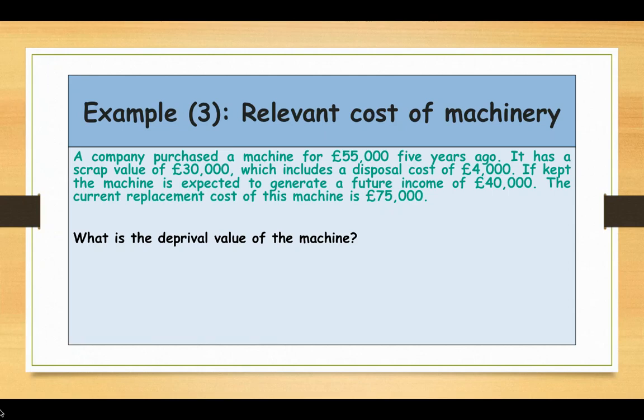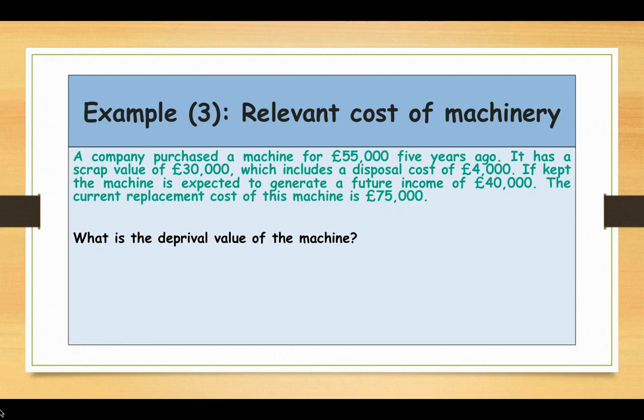Now, first we need to calculate the recoverable amount of this machine. So in order to calculate the recoverable amount, we need to compare the scrap value, in this case, it's £26,000, with the future income generated by the machine if kept, which is £40,000.